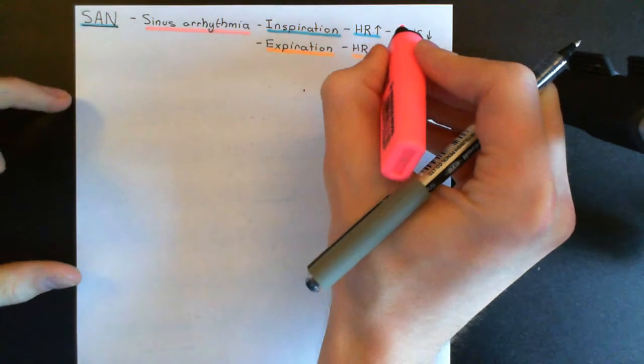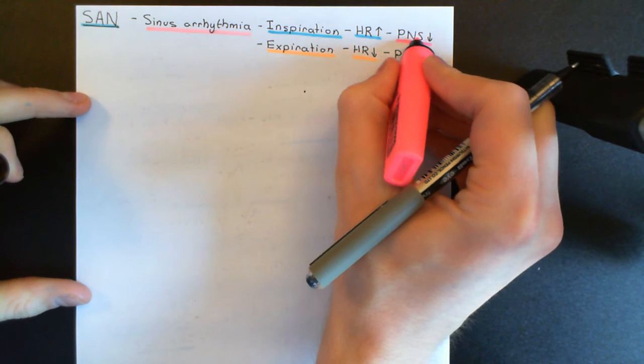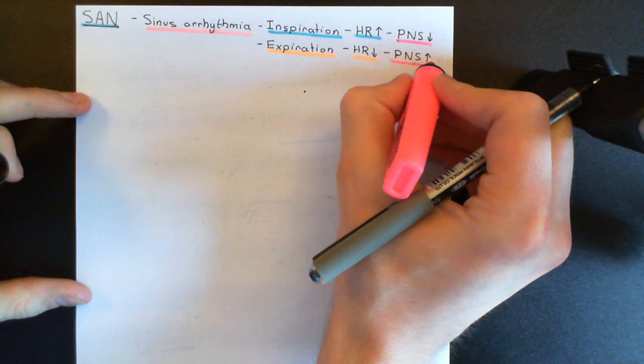Okay, so during inspiration then, the parasympathetic nervous system tone goes down on the heart, which then causes heart rate to increase slightly. That increases pulmonary perfusion and allows you to harvest as much of the fresh oxygen as possible. And then during expiration, where you're getting rid of the air, heart rate goes down because the parasympathetic nervous system tone goes back up.